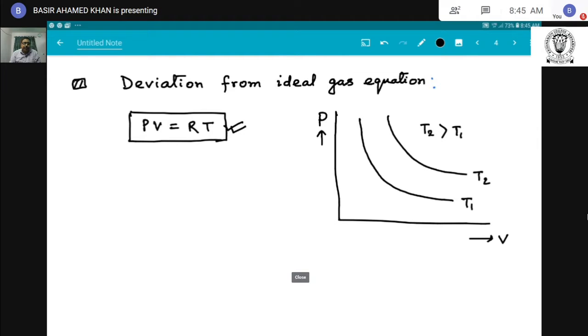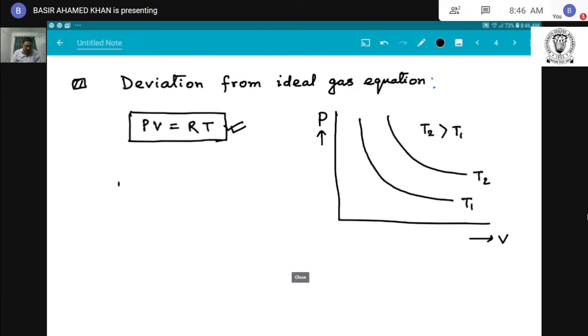Now we know that we consider an ideal gas when we assume the interaction between two gas molecules is negligible.